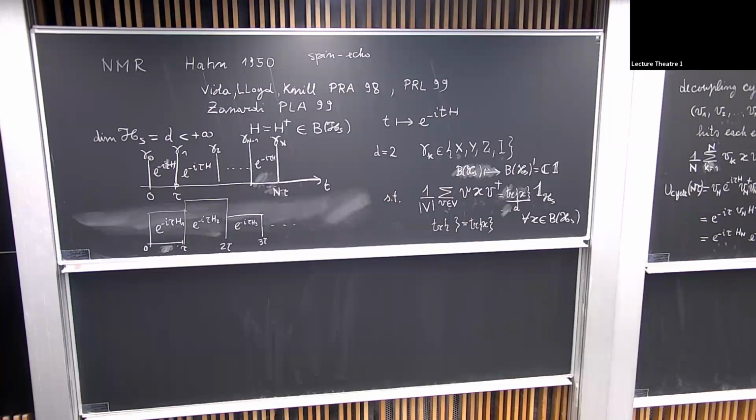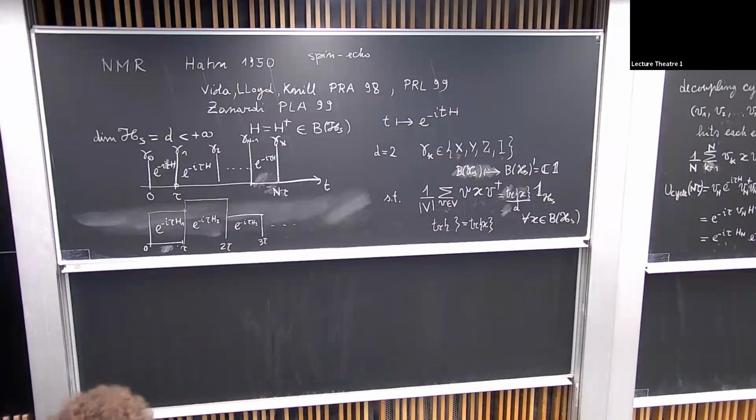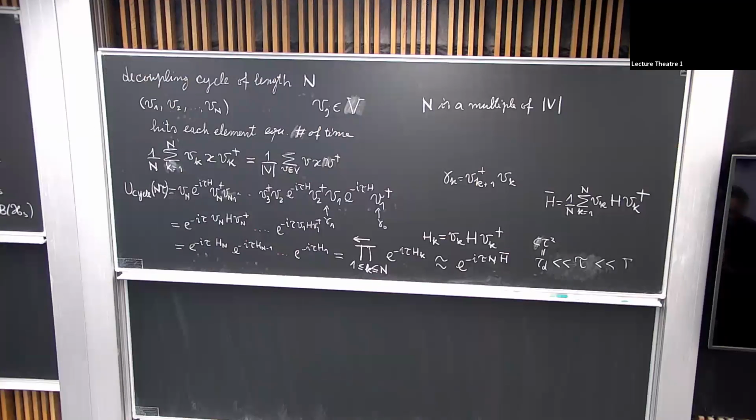So if the experimentalist is able to put as much energy as wanted, of course, this is a good description. On the other hand, it could be convenient to have pulses with a controlled energy, but which just last for a long time. And in such a case, the description is different. Yeah.